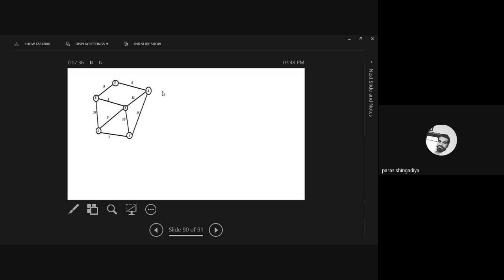We also discussed the applications of Euler and Hamiltonian graphs, where they are applicable in real life. And at last we discussed the concept of tree, spanning tree, and the minimum weighted spanning tree, and the two well-known algorithms, Kruskal algorithm and the second one, Dijkstra's algorithm.